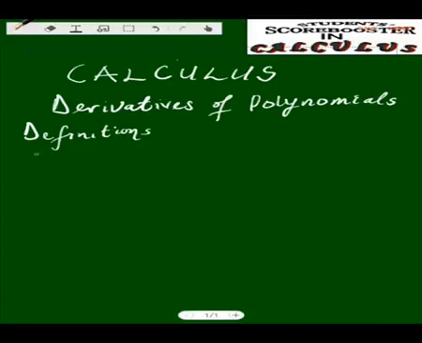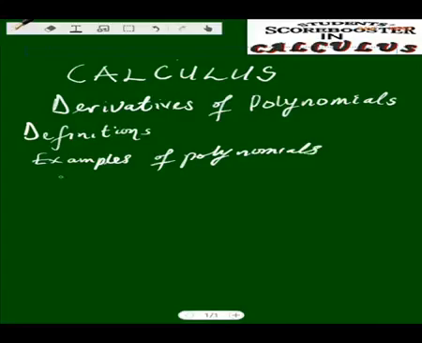First of all, I will give examples of polynomial. So example is if you have y is equals to, let's say, x squared plus 3x plus 2. This is a polynomial.